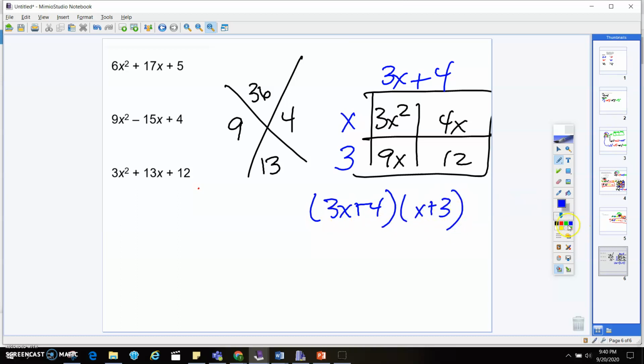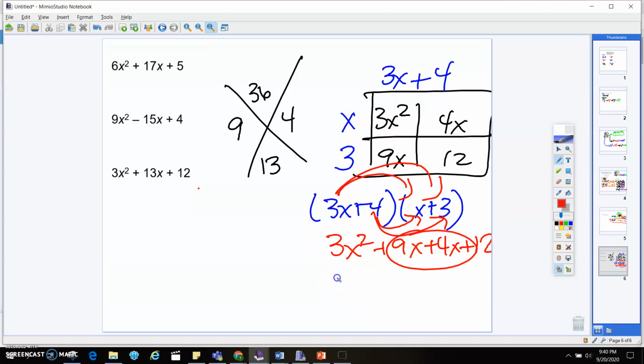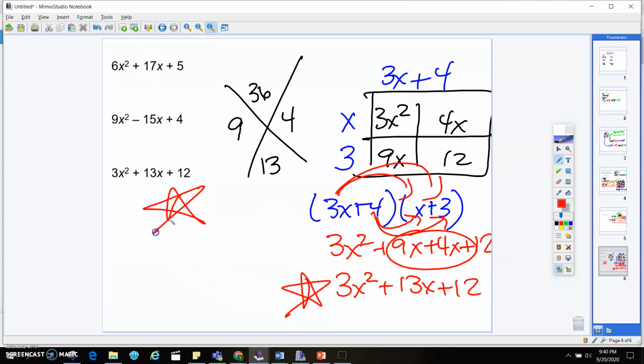If we multiply this back out, we're going to get 3x times x, which is going to give us 3x squared. 3x times 3, 9x. 4 times x is going to give us 4x. And 4 times 3 is going to give us 12. We're going to combine our like terms, which are right here: 3x squared plus 13x plus 12. It's the same thing as this last equation. I'm sorry, I'm getting a little excessive with these circles.